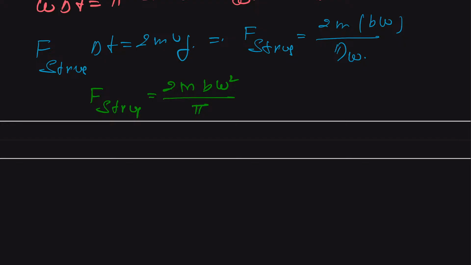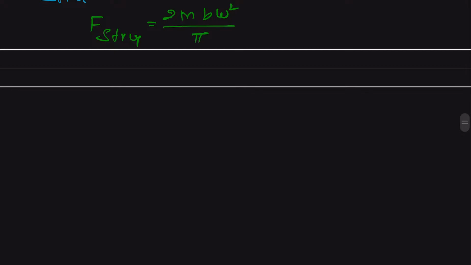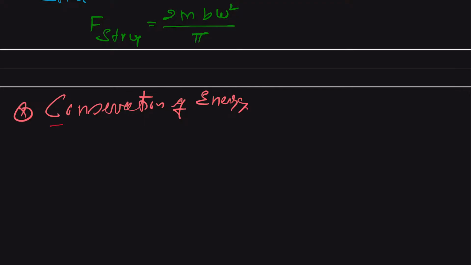Now we can use our conservation of energy and find out the value of omega square and substitute here. At the initial position there is only potential energy, whereas at our final position it is going to have the translational as well as the rotational energy.